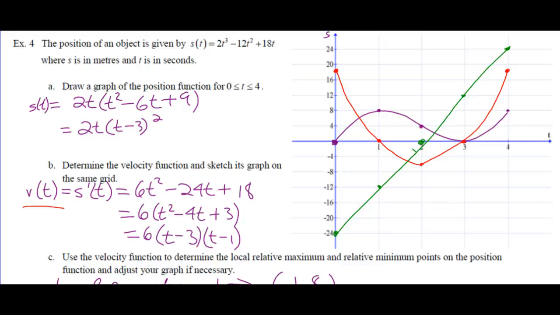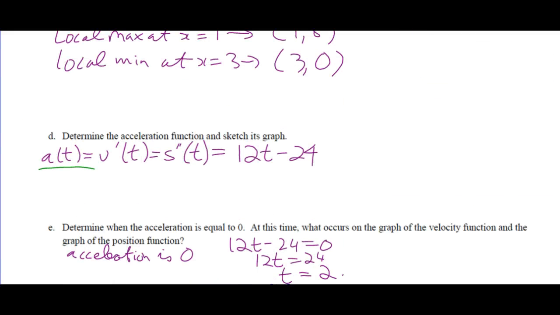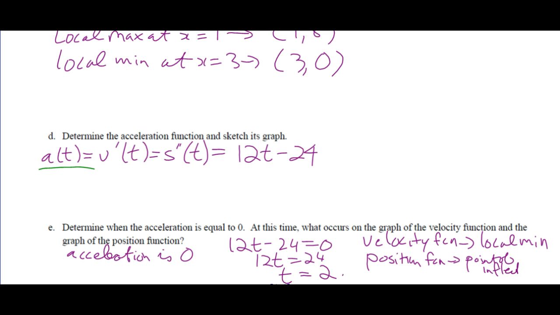Point of inflection. Okay, so velocity function, we have a local minimum, and the position function, a point of inflection. Okay, that's it, eh? That it?